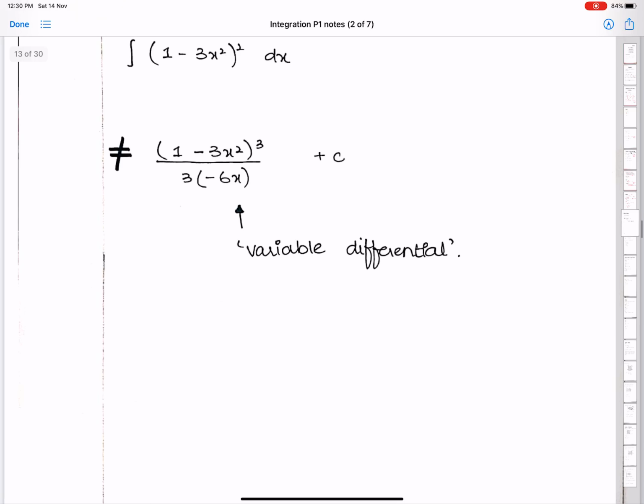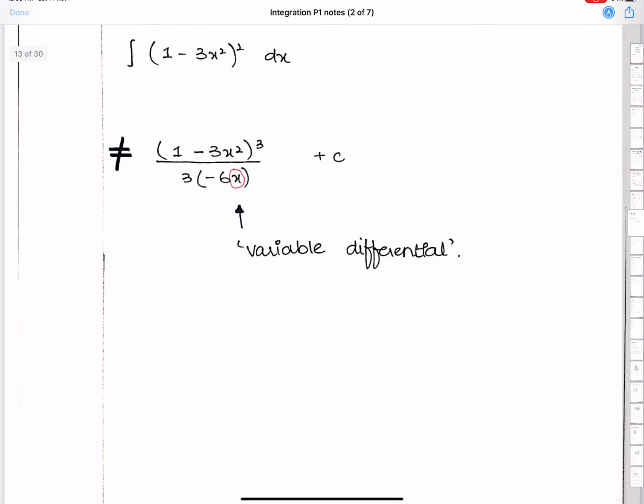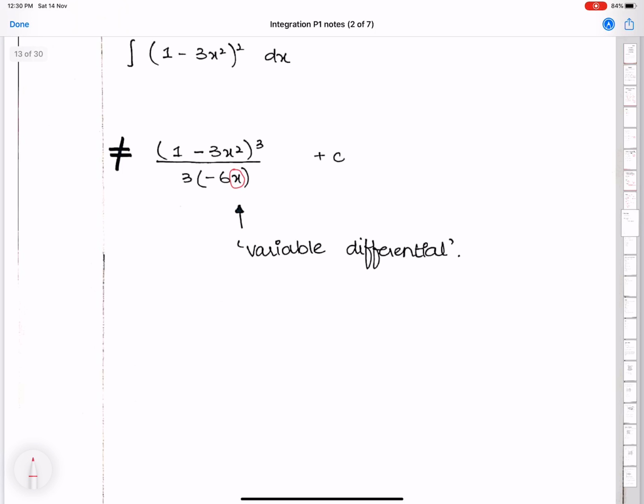So whenever you get a variable in the denominator, you just need to cancel your answer and use a different method to integrate the function. Make sure whenever you get a variable in the denominator, cancel your solution, think about another solution and solve the question with other methods. Like here, you need to expand the bracket.